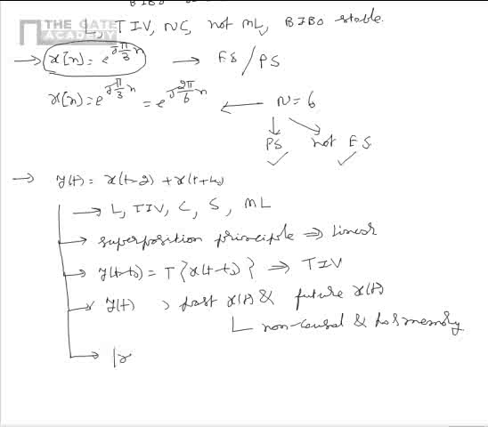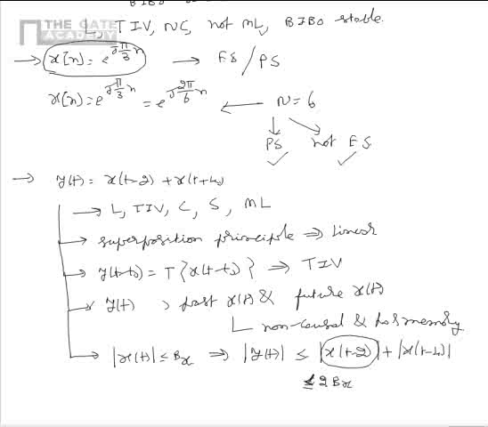Also, by assuming that the input is bounded, that is mod of x of t is less than or equal to bx, we can show that mod of y of t is less than or equal to mod of x of t minus 2 plus mod of x of t plus 4, which is further less than or equal to 2 times bx, as each of x of t minus 2 and x of t plus 4 are bounded.